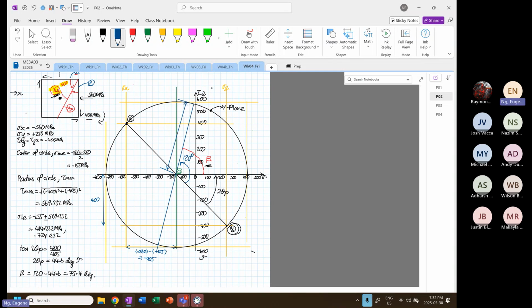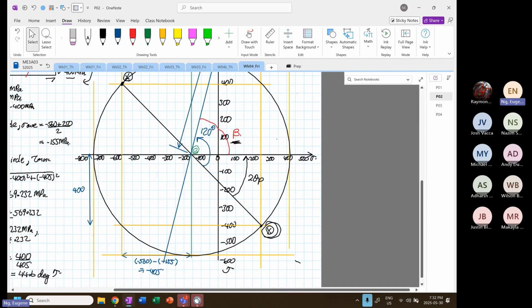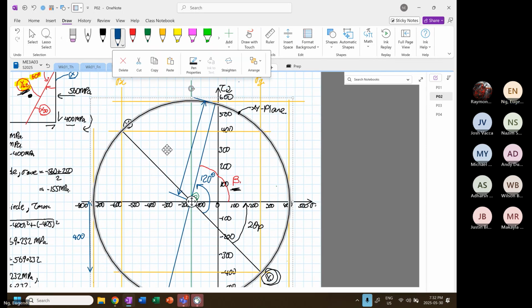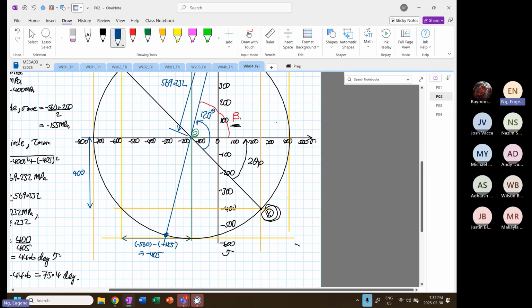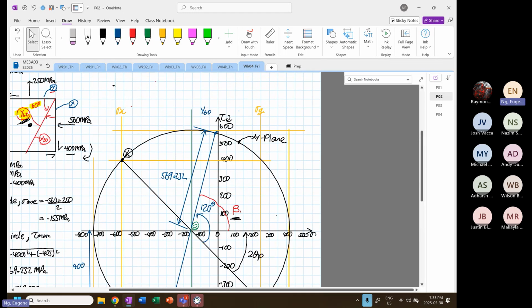We have determined this to be 569.232. So we want to locate this point over here, which is our y60. Later on, we are going to find out the value over here, and this is our x60. So one side we call y60, the other end we call x60.